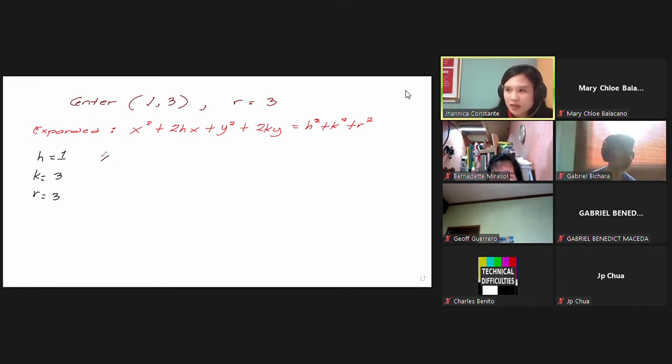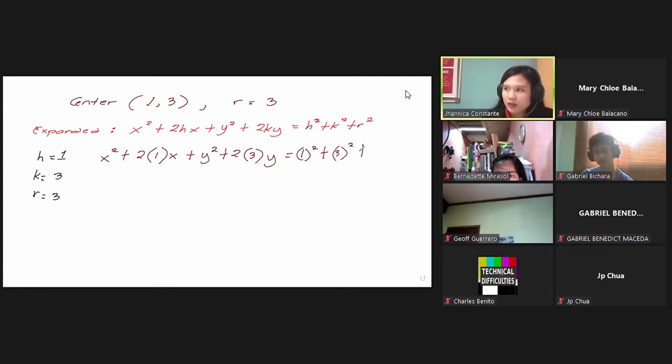It still remains x squared plus 2 times the value of h, which is 1, x, plus y squared plus 2 times the value of k, which is 3, y, equals h squared, so 1 squared, plus k squared, which is 3 squared, plus the radius, which is also 3 squared.